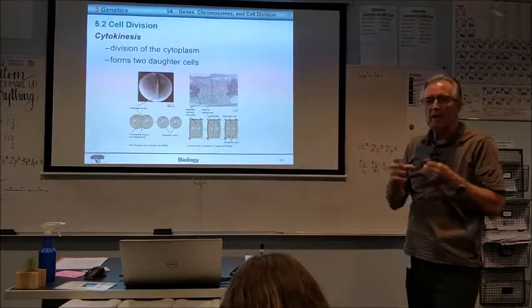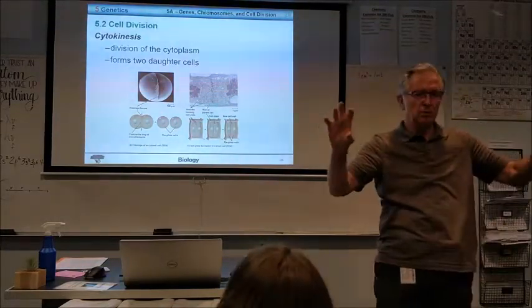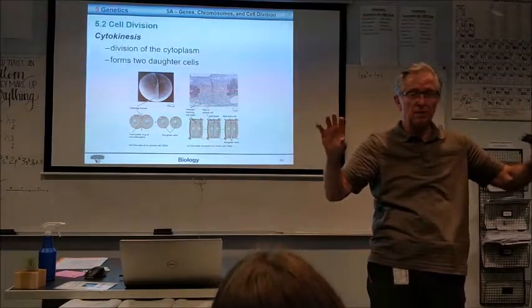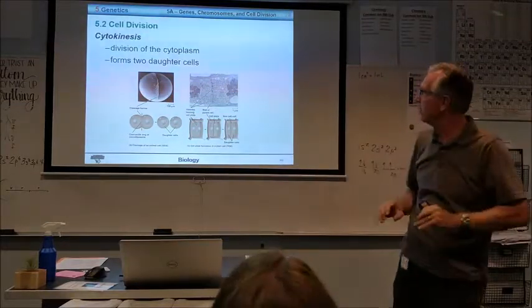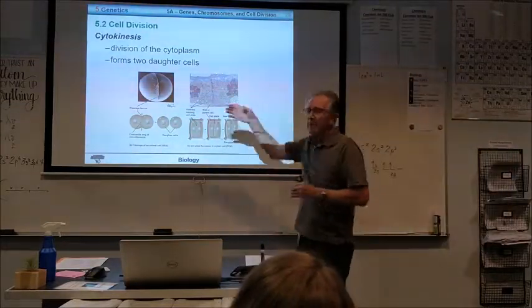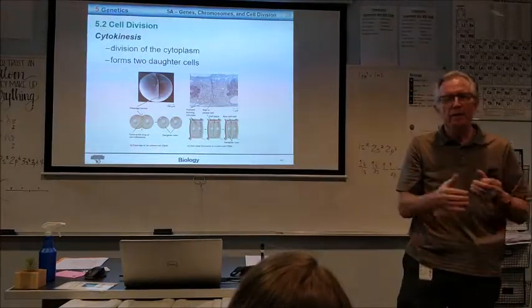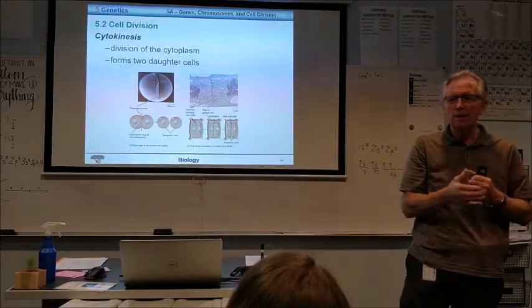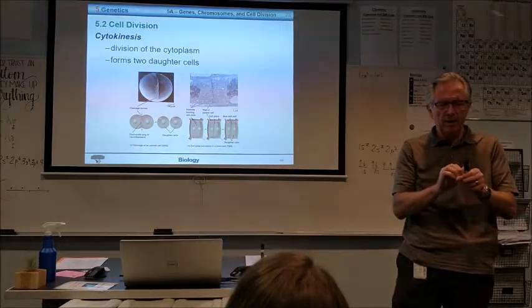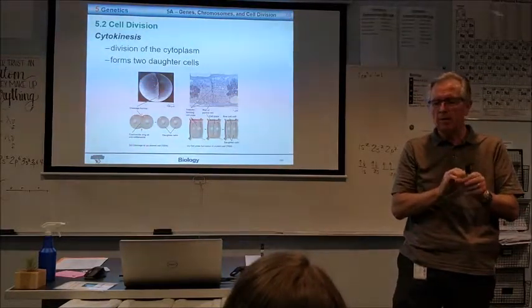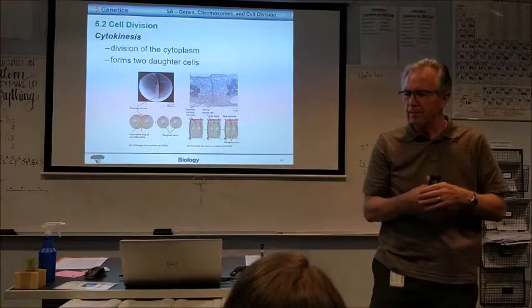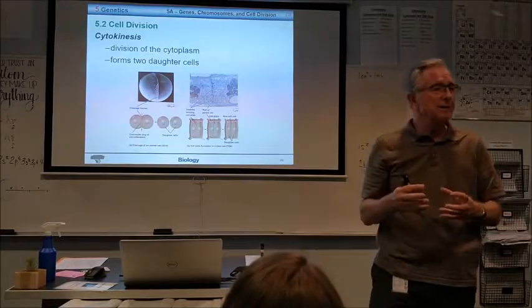So once they have two nuclei formed on opposite ends of the cell, then it's time to divide the cytoplasm in half. It isn't exactly half all the time. We'll actually talk about a kind of cell division where it's not exactly half.